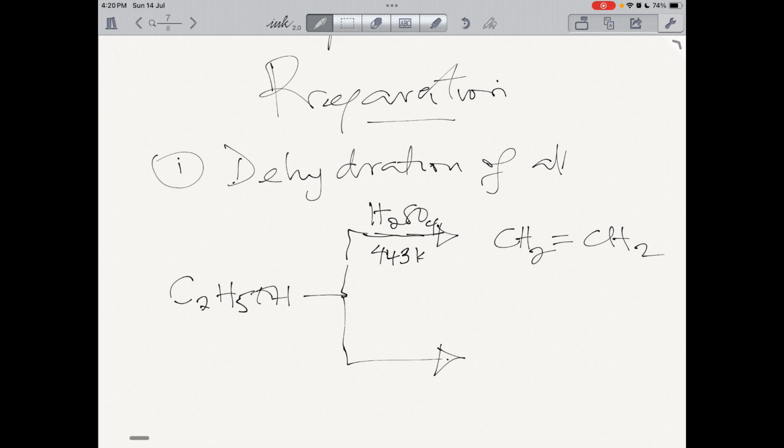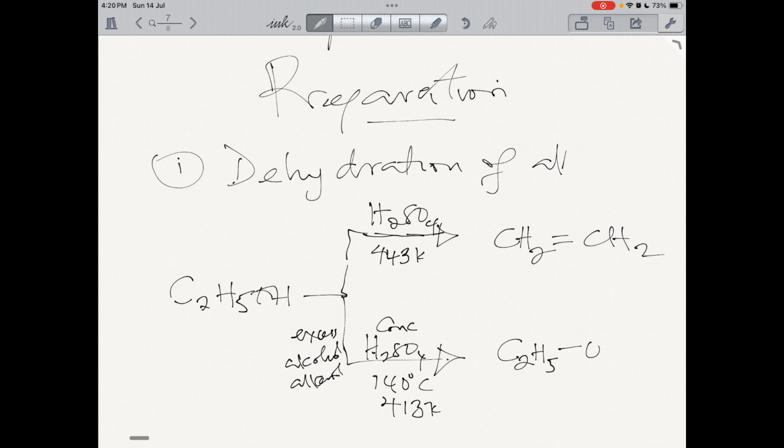But if you have an excess of alcohol, excess alcohol or alkanol, with concentrated H2SO4 at 140 degrees Celsius, which is 413 Kelvin, if it's like that, you will have C2H5OC2H5.